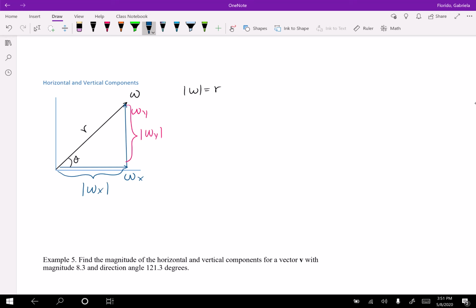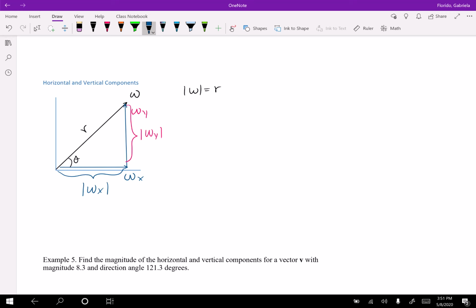The way that we denote the magnitude is by drawing these absolute value lines. So the magnitude of my vertical vector is the absolute value of WY.